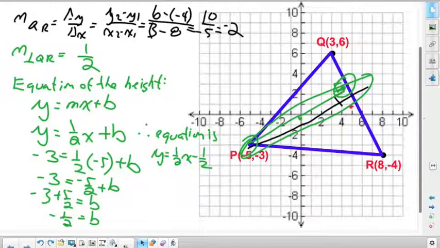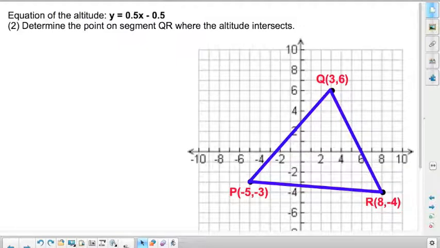So any questions on coming up with that equation? Okay. Most of the process, again, is just a review of grade 9, coming up with the equation of a line, knowing what points and getting that slope. So now we want to answer the second part: determine the point on segment QR. So we're on QR. If we had our altitude here, where does it intersect?